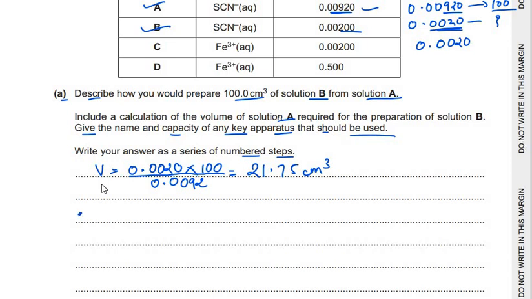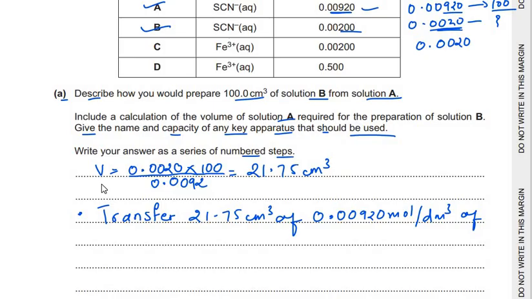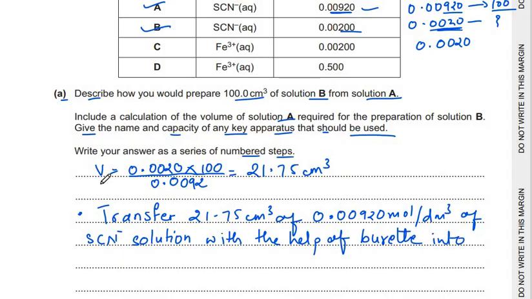So the first step I'll write is: transfer 21.75 cm³ of 0.0920 mol per dm³ thiocyanate ion solution with the help of a burette into a 100 cm³ volumetric flask.